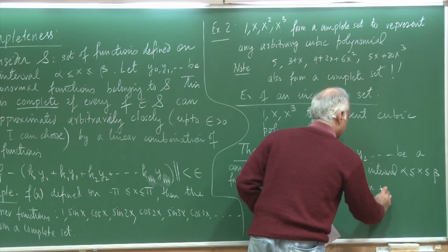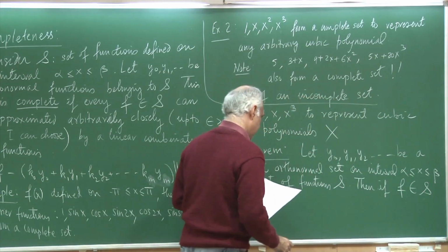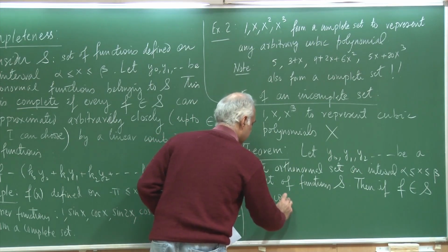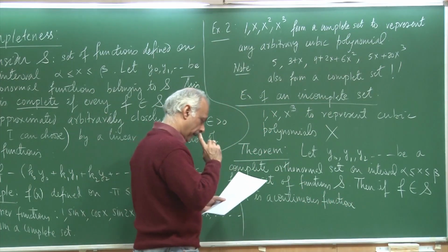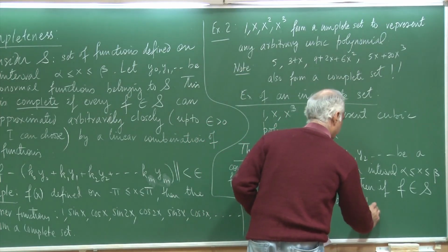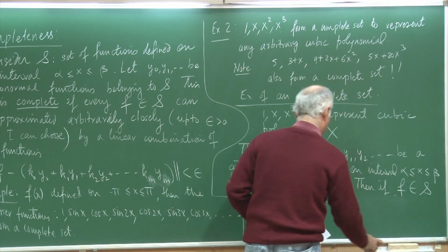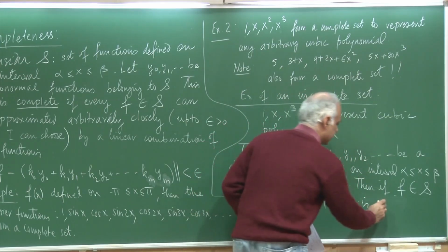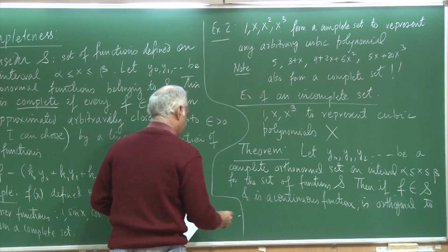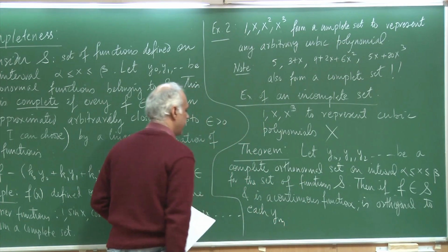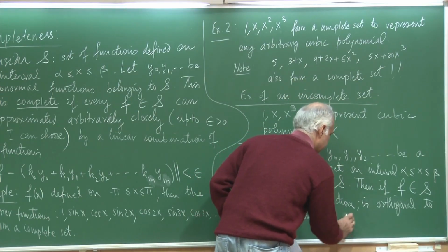Now is the operating part. If I take a function f which belongs to this set S and is a continuous function, if this continuous function is orthogonal to each ym, then f is identically 0.